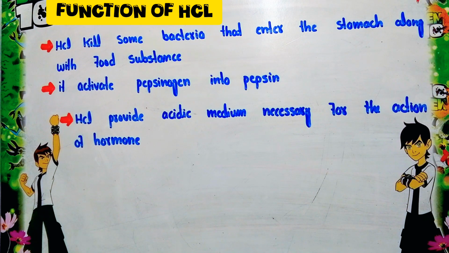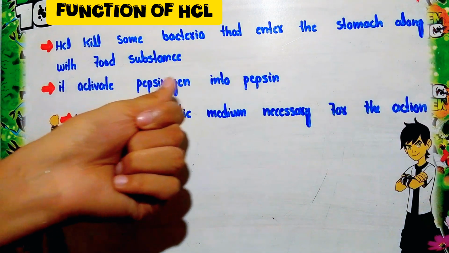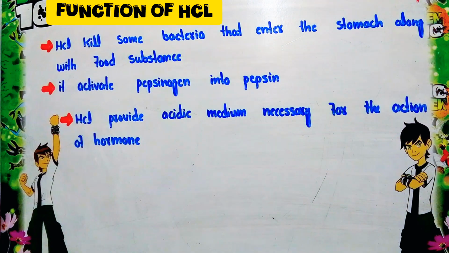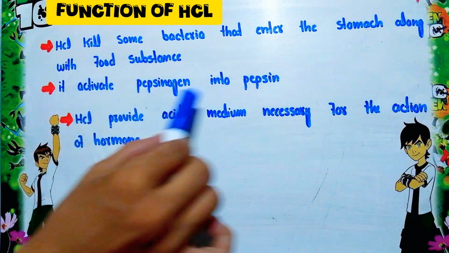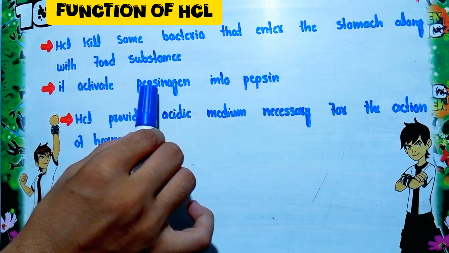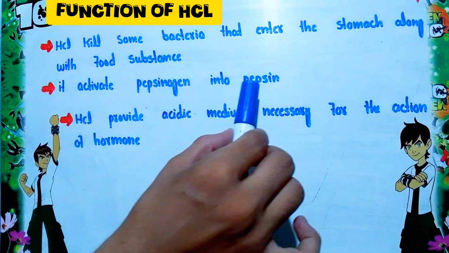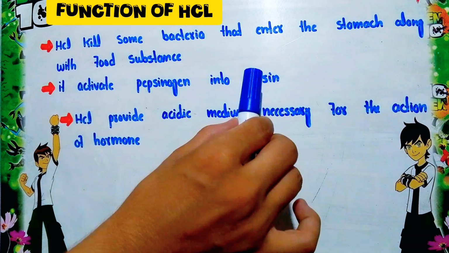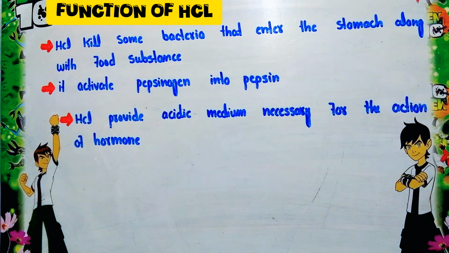The second function is that it activates pepsinogen to pepsin. Pepsinogen is a protein digesting enzyme, secreted in an inactive form. It is the inactive form of pepsin. This pepsinogen is converted into the active form, pepsin, which then acts on proteins and digests them.